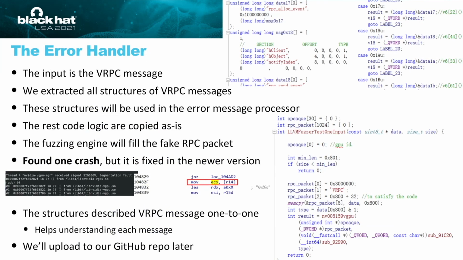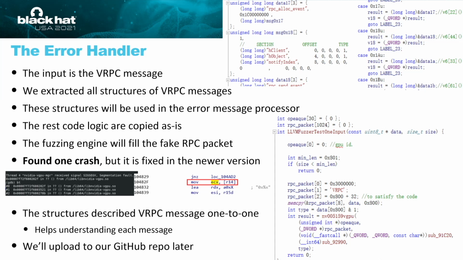Until the mystery of this function was discovered, the meaning of the vRPC messages had never been known by myself. So after carefully analyzing its code, we were surprised to find a lot of information. This error handling function saves the meaning of each message and each field. In this way, we can more easily tell from the message name, which is the RPC message name, which operations look more dangerous and more likely to have vulnerabilities.